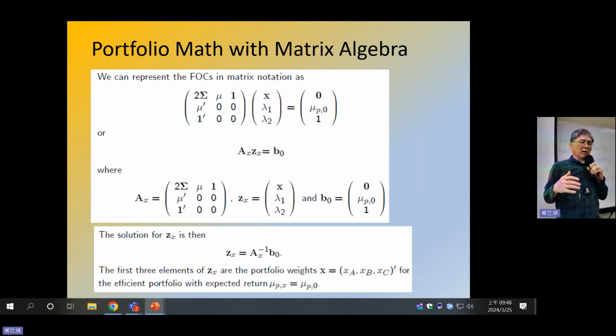But I must say that you have to know the theoretical issues involved in this optimization process, because codings is just a tool to help us do the computation more easily.